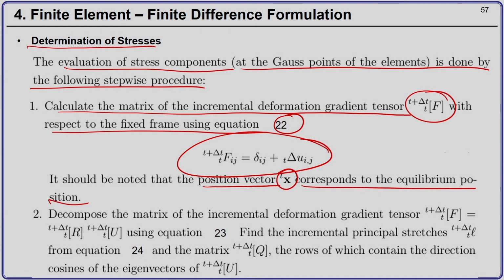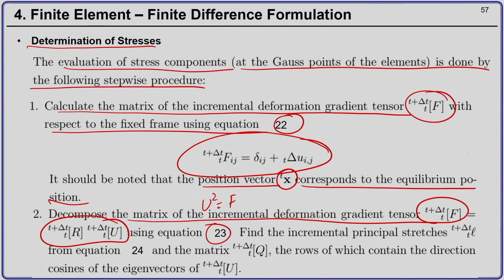Now, we decompose the matrix of the incremental deformation gradient tensor using right polar decomposition into an orthogonal part and a symmetric part, R and U, using equation number 23. C is F transpose F, and this is equal to U squared.